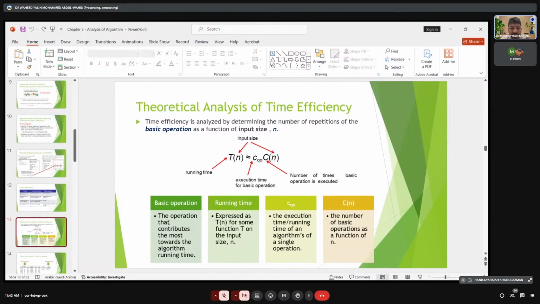The basic operation is the one that contributes the most towards the algorithm running time, like comparison, multiplication, division. Running time is expressed as T(n) for some function T on the input size n. C(n) is the number of basic operations as a function of n.